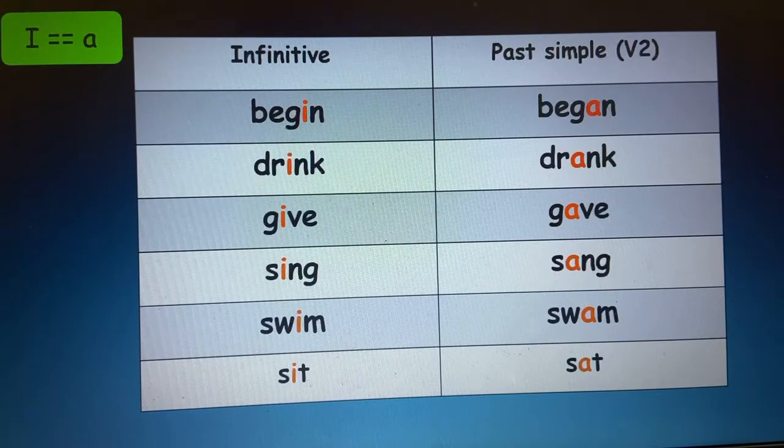Sit, sat. I want you to read. Begin, began. Drink, drank. Give, gave. Sing, sang. Swim, swam. Sit, sat. So here we change the letter I with A. You have to memorize them.